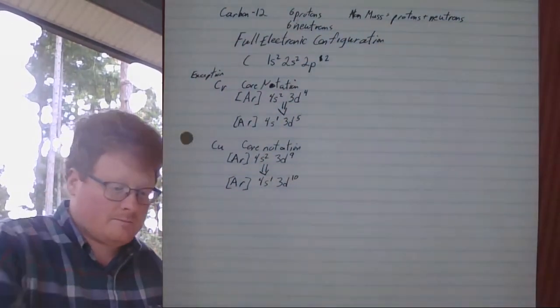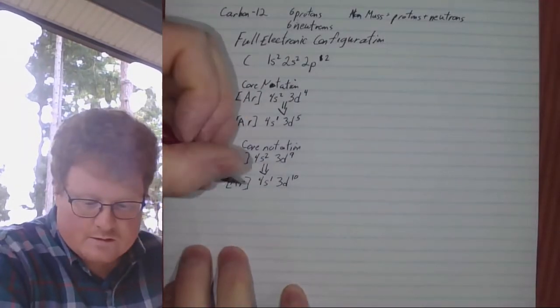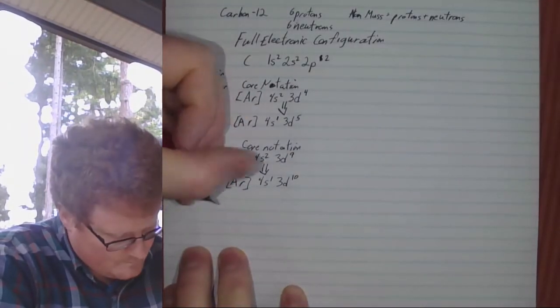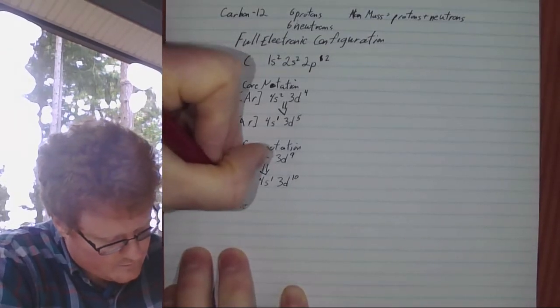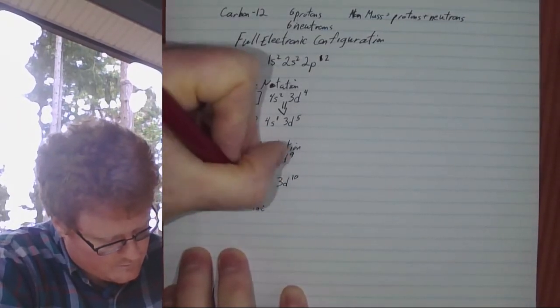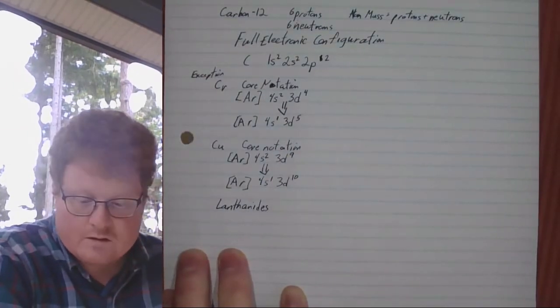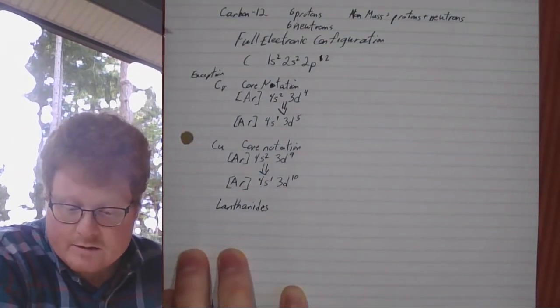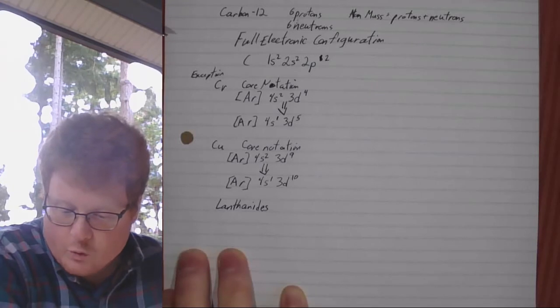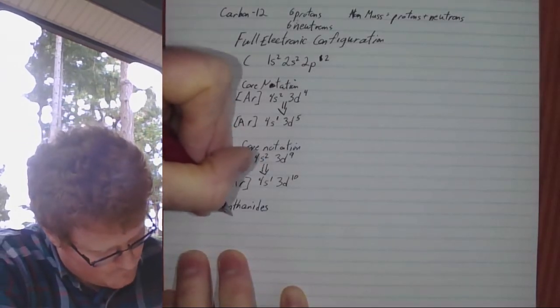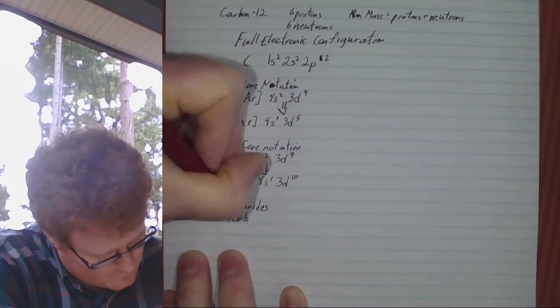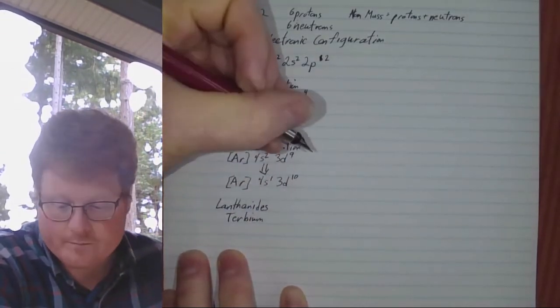So let's take a quick look at the lanthanide and actinide blocks. Let's do a lanthanide electron configuration. So I'm going to pick element number 65, terbium.